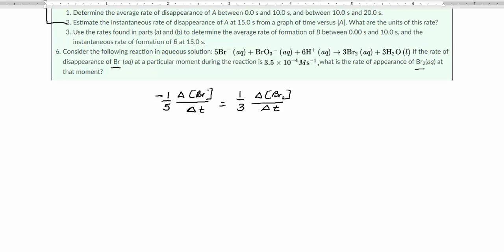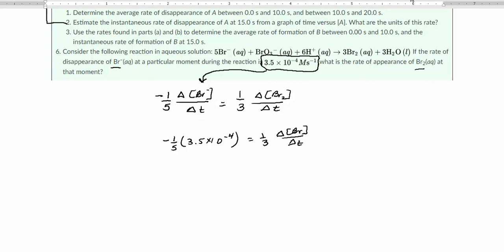Now I am told at a particular moment I have this value for the disappearance of bromide. So I'm going to insert that number for this part right here. Now notice the stoichiometric coefficients are still there.